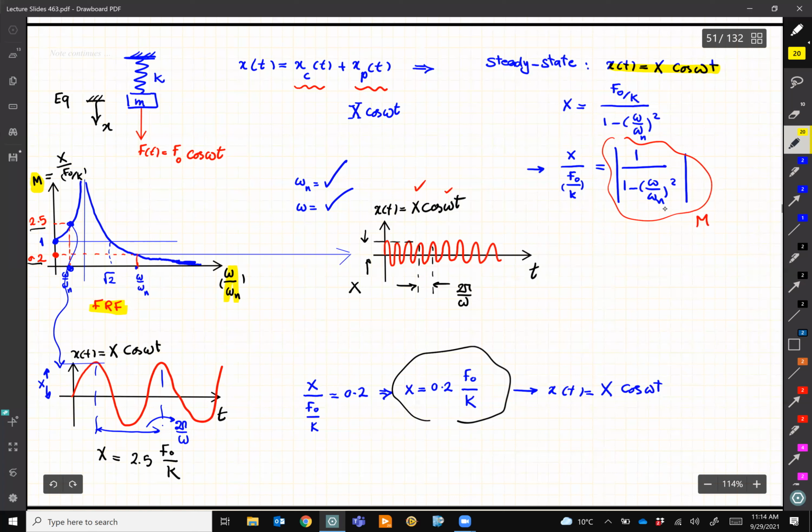But we care only about the magnitude of that, so not positive, not negative. That's why we put it inside this absolute value. And we said when we design something, we'd better be after this square root of 2. Okay, so far clear? And you have all these notes. I'll give you a moment, if you want to finish writing, please.